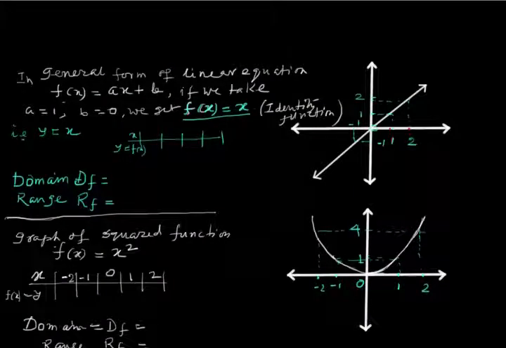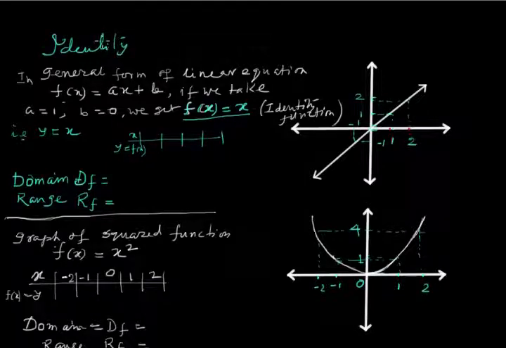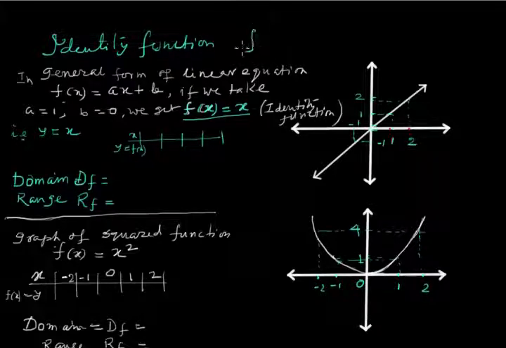Now we are discussing some important functions. The first one is the graph of the identity function. Here we take f(x) = x, that is, y and x have the same value.